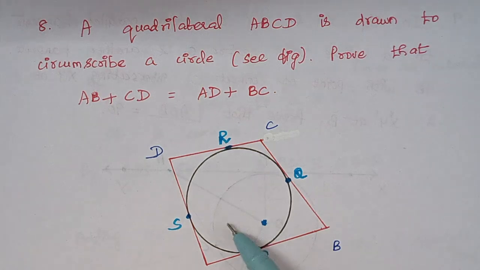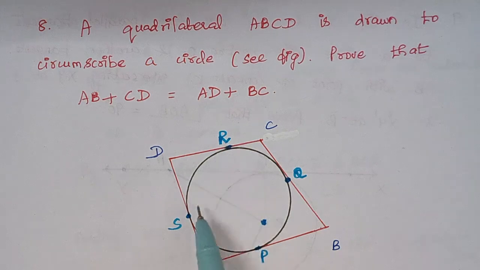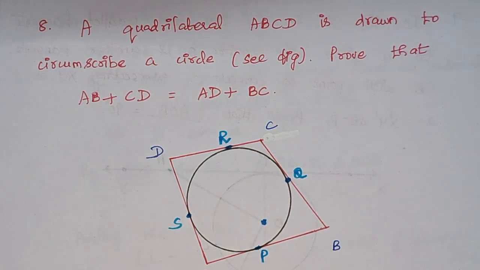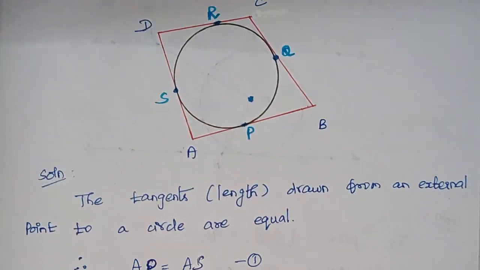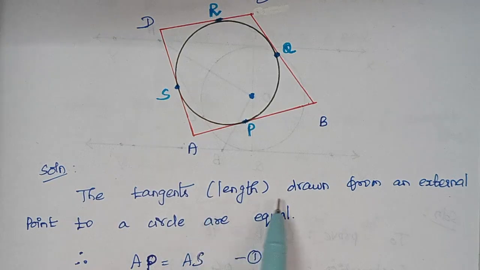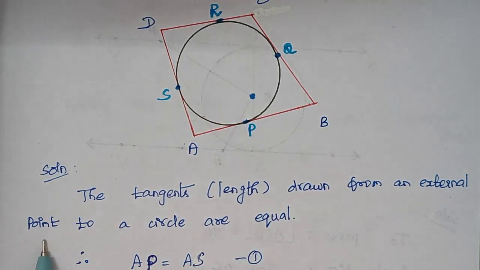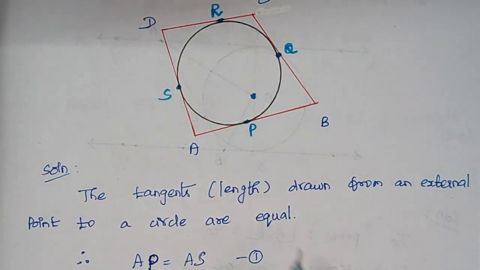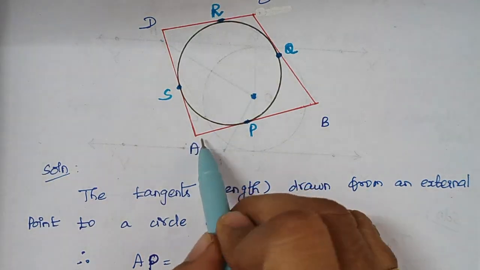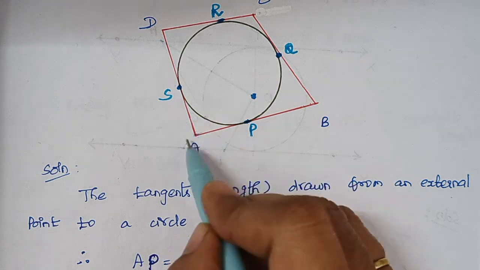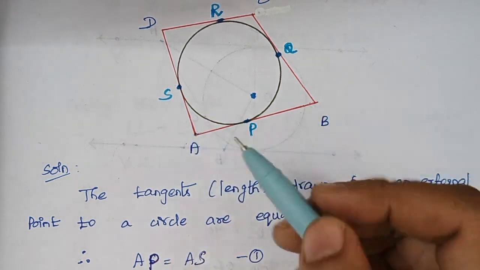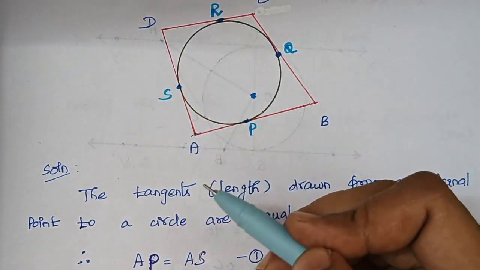So here we have some other points. They are P, Q, R and S. The first step is, the tangents drawn from an external point to a circle are equal. So here you see AP is a tangent. Similarly, AS is a tangent, and A is an external point, obviously.